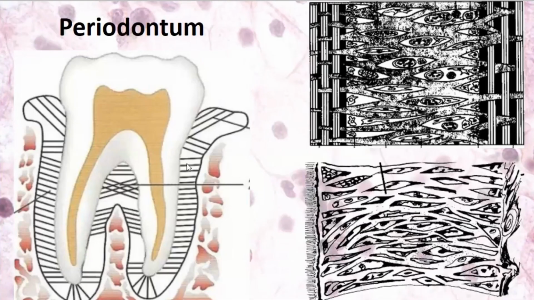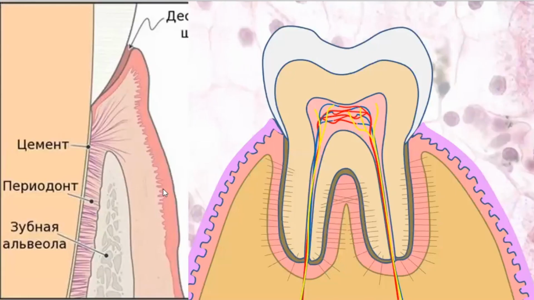And here you can see periodontum, and it's a ligament, the tooth ligament, which maintains the tooth in the alveolar bone, and there are fibers which begin in the bone and continue in the dentine.